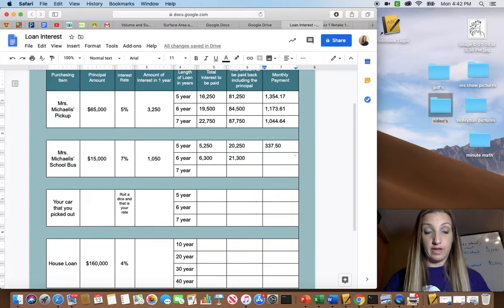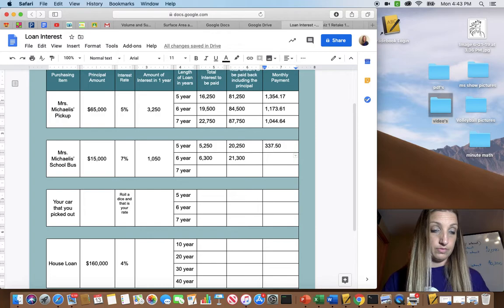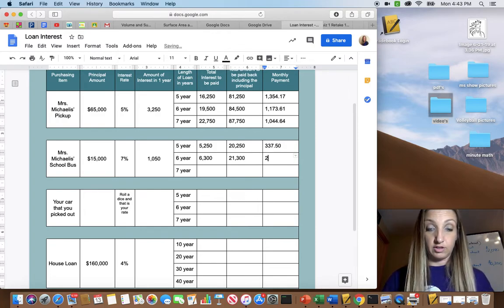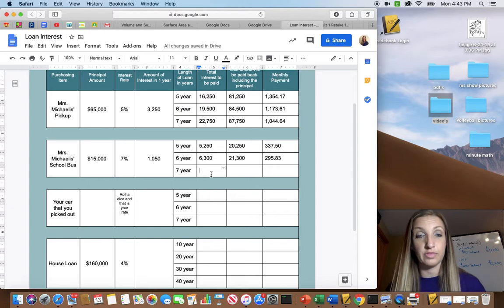And then I'm going to divide that by 72, because there's 72 months in 6 years. Oh my, I pushed the wrong button. Let me try that again. 21,300 divided by, not times, divided by 72. And that's $295.83. Punch it in your own calculator. You need to know where these numbers are coming from.